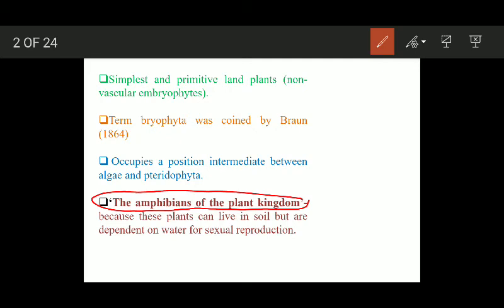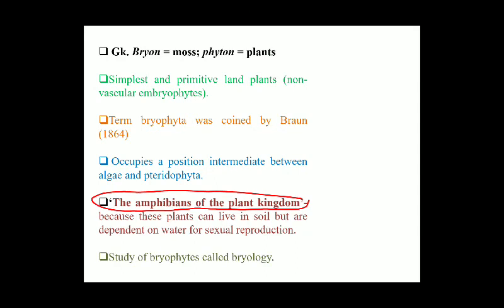They live on soil, but they need water for the completion of their life cycle. They cannot complete the life cycle, they cannot go for sexual reproduction in absence of water. That's why they are accurately named as amphibians of plant kingdom. And finally the study of bryophytes is known as bryology.